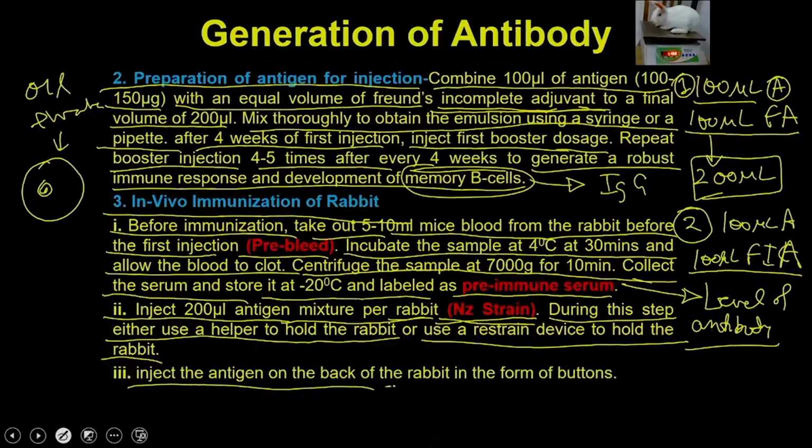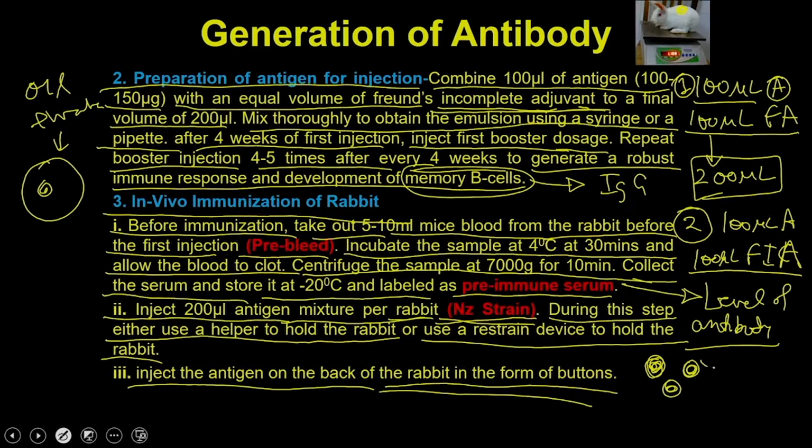the antigen on the back side of the rabbit in the form of buttons, which means if this is the rabbit, you have to inject somewhere on the back side, because this is the site where you have enough space and area, so that it will not be a problem. Then you inject in the form of buttons, which means you inject at one site, make it a button like this, then you go to some other site and inject, then you go to another site.